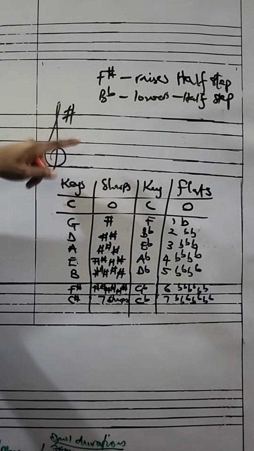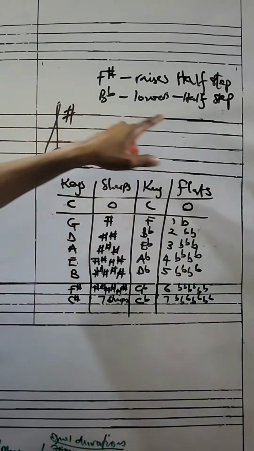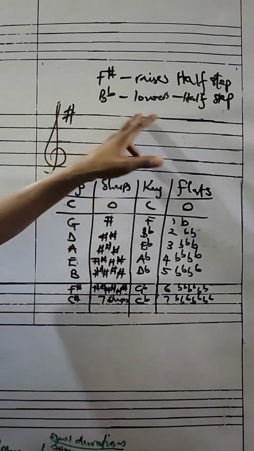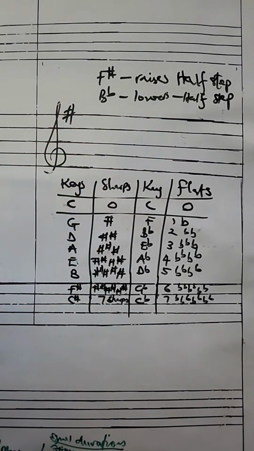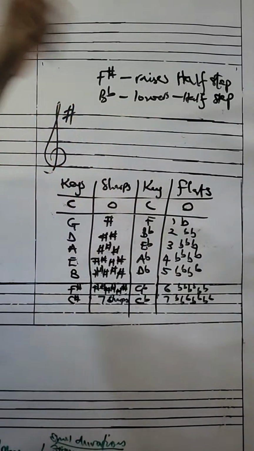So that is telling you that we've already known that where this sharp is placed is on the F, which is the fifth line of the treble staff. Now this is telling you that all F's in this piece of music are going to be sharpened.